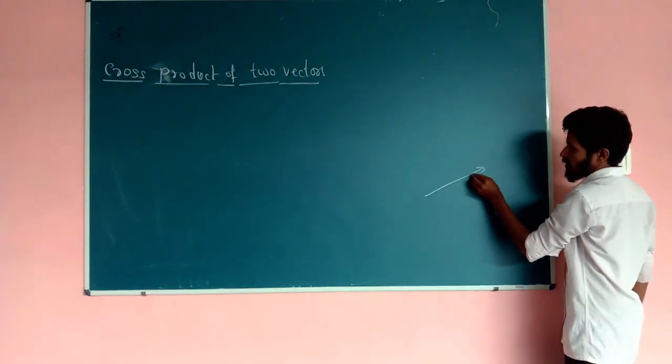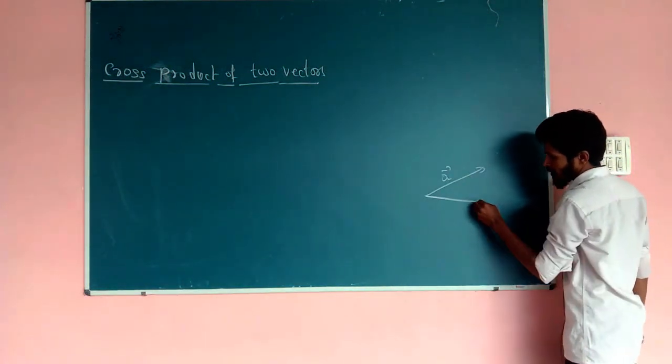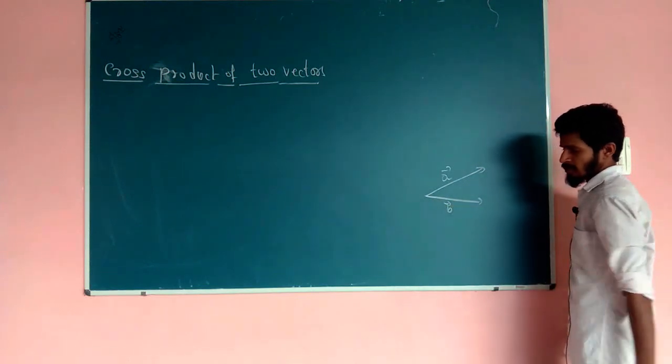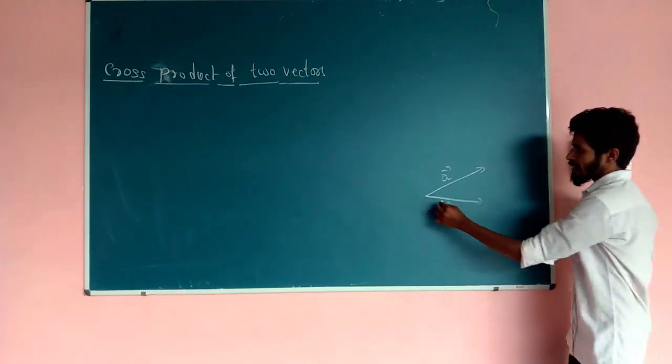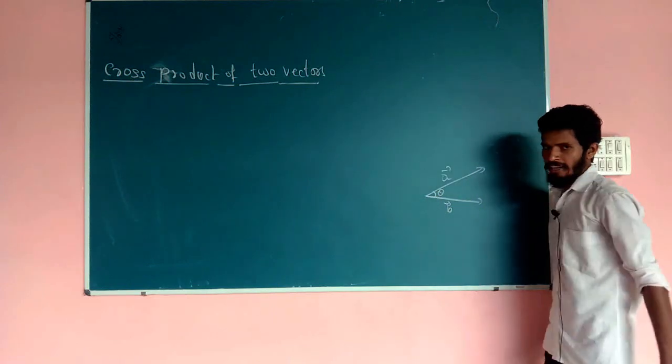Let vector A and vector B be two vectors, and let theta be the angle between them.